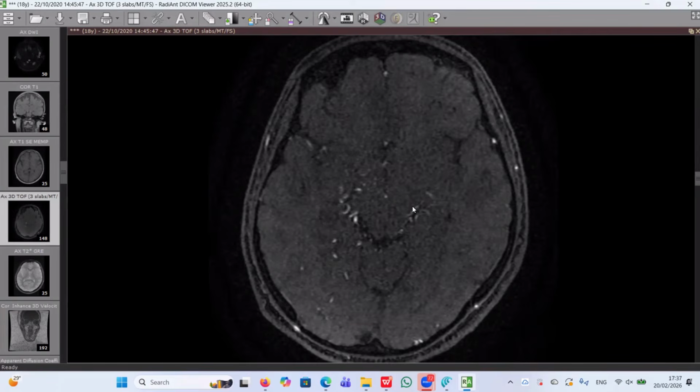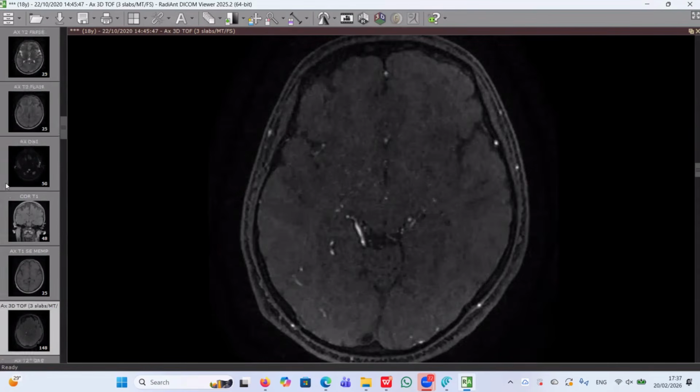So Moyamoya disease or syndrome in childhood, at the age of 4 or 5 years, will present with ischemic changes.